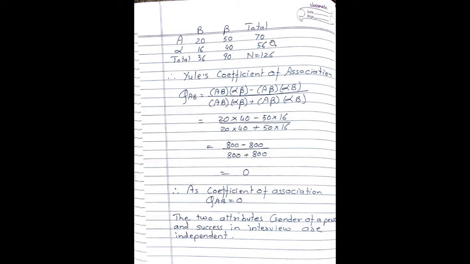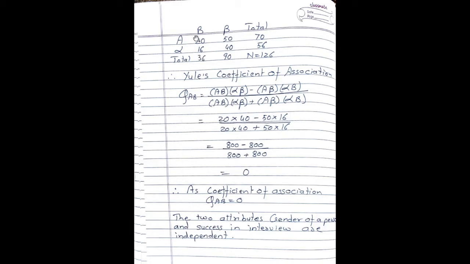We know that A plus alpha is equal to n. So to get the value of alpha, we will subtract 70 from 126. So the frequency of class alpha becomes 56. Then 126 minus 36 will give you the frequency of class beta, that is nothing but 90. Now we find the value of A beta because we need these 4 frequencies: AB, A beta, alpha B, alpha beta.